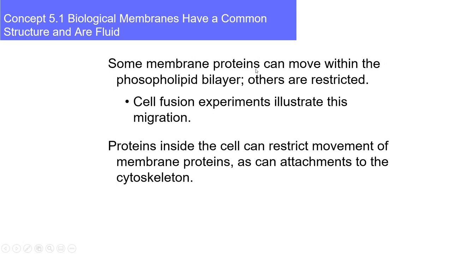Now, some membrane proteins can move within the bilayers, others are restricted, and we've seen this by fusing other cells. They tend to drift when we put cells together. Now, proteins inside of a cell restrict the movement of membrane proteins, and they can also attach the proteins to the cytoskeleton, because certain proteins you may want on a specific part of the cell for a variety of functions.